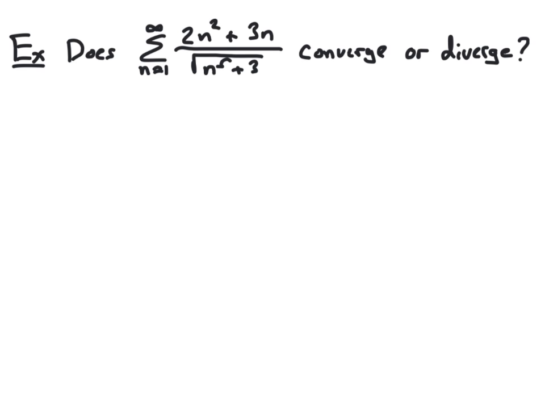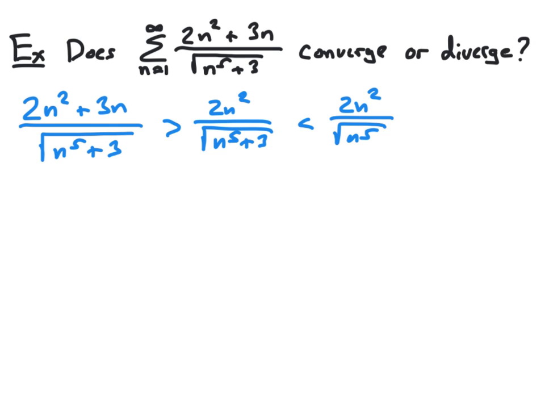We'd actually find it very difficult to find a series to compare it to, regardless of the direction of the inequality sign. In this case, if we got rid of the 3n in the numerator, we would get 2n squared over the square root of n to the fifth plus 3, and our original term would be greater than that. But then if we remove the plus 3 from the denominator, we would see that our new term would be less than 2n squared over the square root of n to the fifth, and that would give us a series to compare it to.